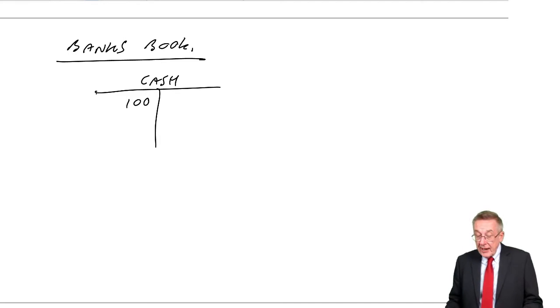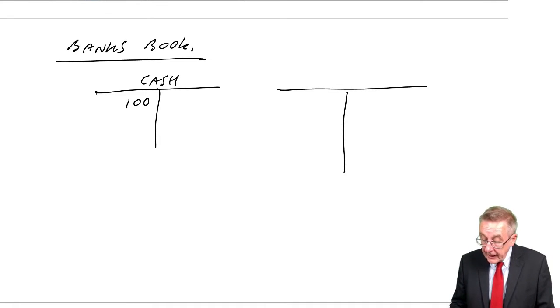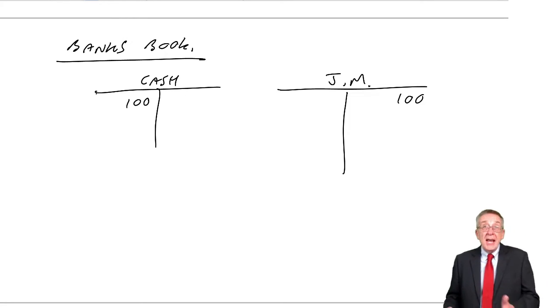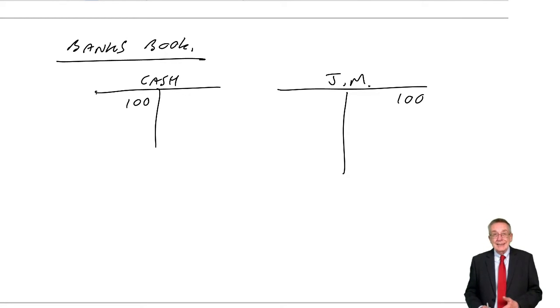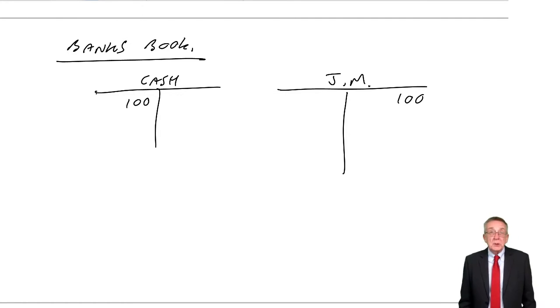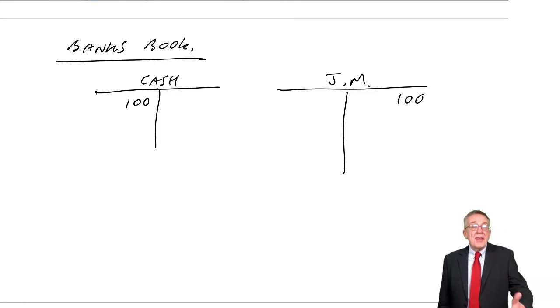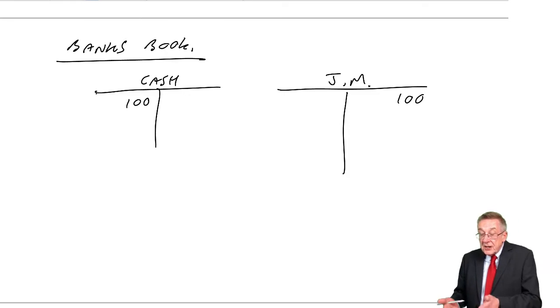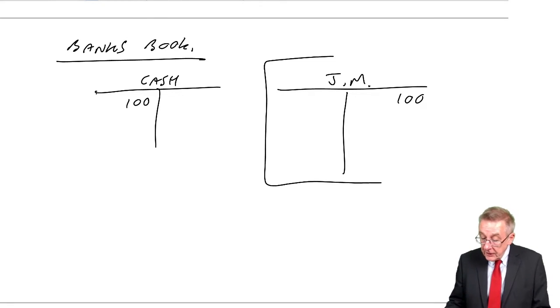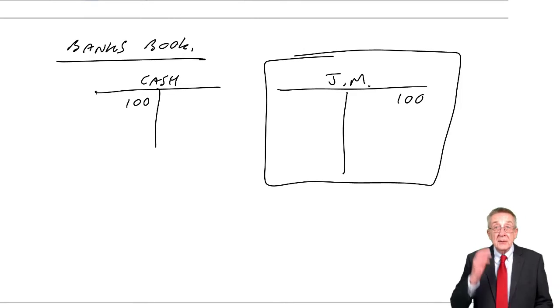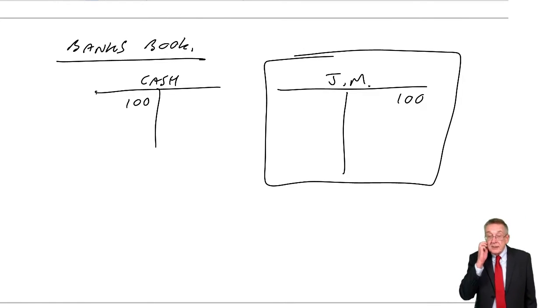And where are they going to credit? Well, they credit an account for me 100 because they owe me 100. And because I'm very old, I can remember the days when the bank statement was just a photocopy of the page from their ledger. It used to be a T account. And they'd credited my account 100 because they owed me 100.